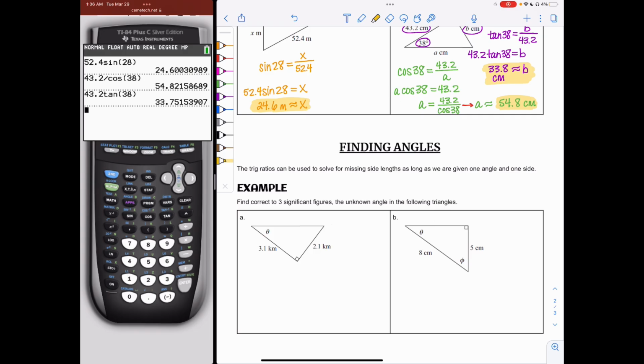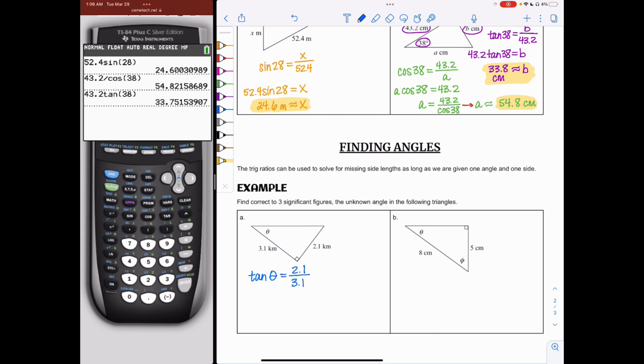So now let's look at A. Here, our angle is angle theta, and we are given the opposite and the adjacent. So we are given enough to find the tangent. The tangent of the angle theta is equal to the opposite, which is 2.1, over the adjacent, which is 3.1.